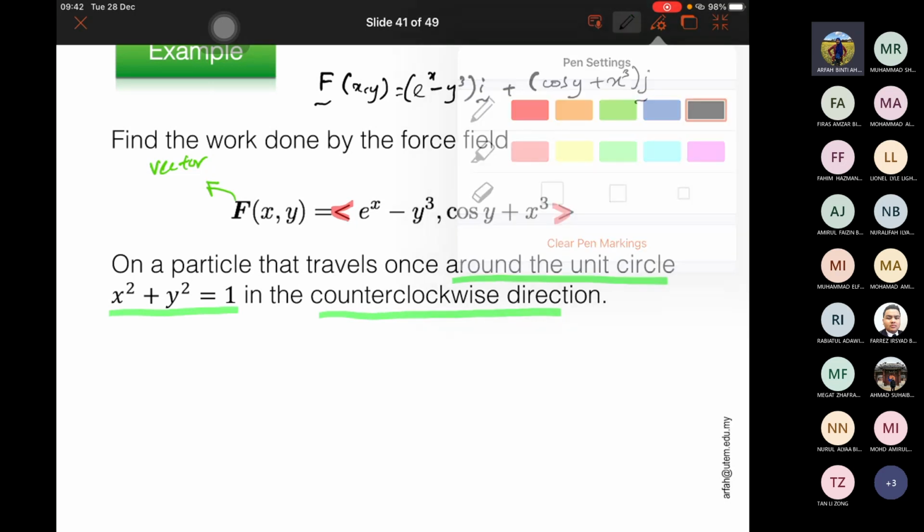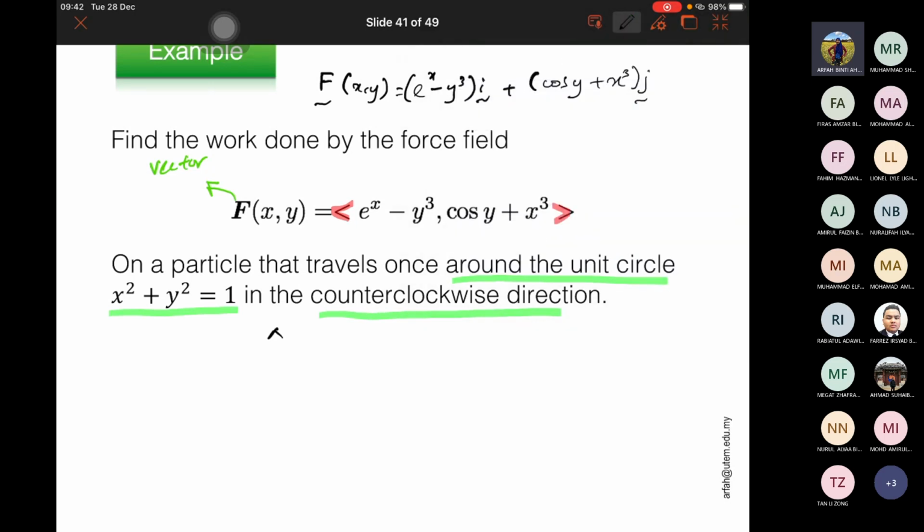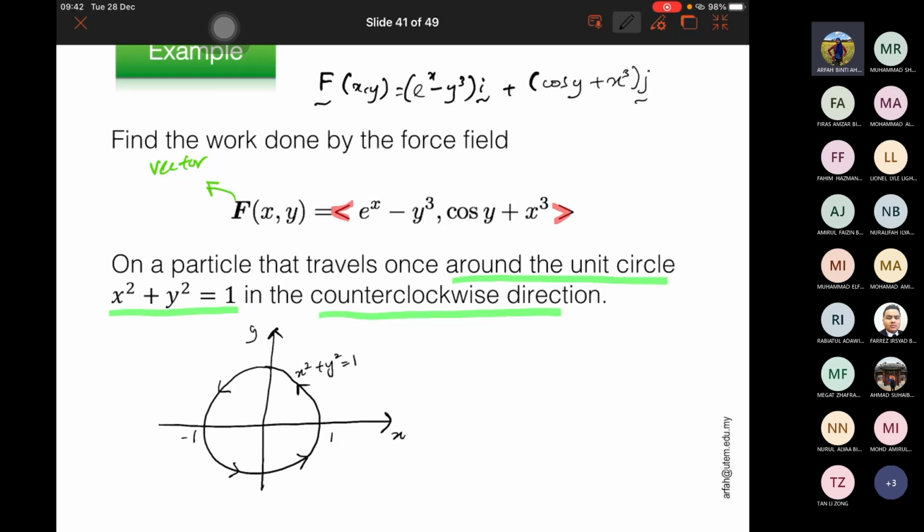So anticlockwise. This is your x and this is your y. So this is the equation of x squared plus y squared equals 1.